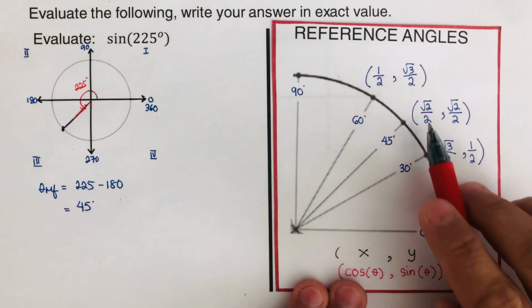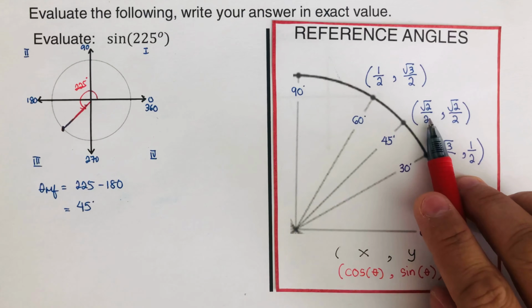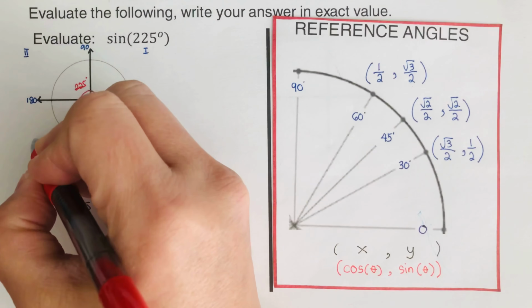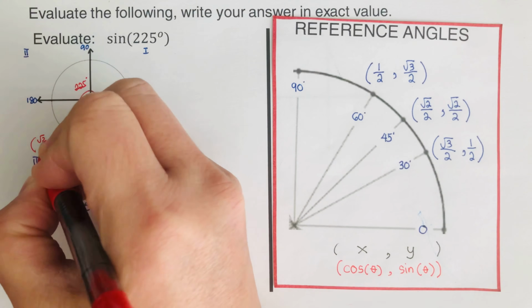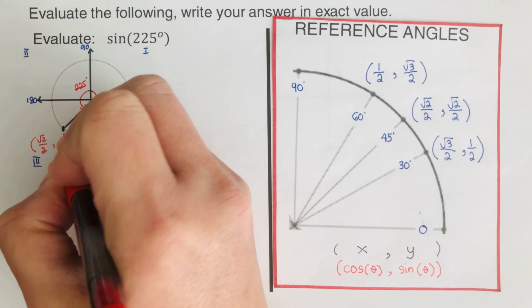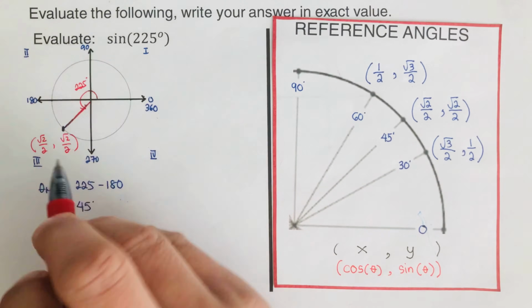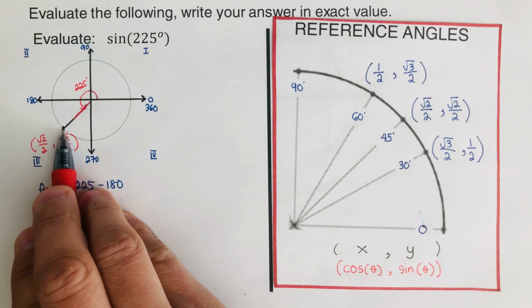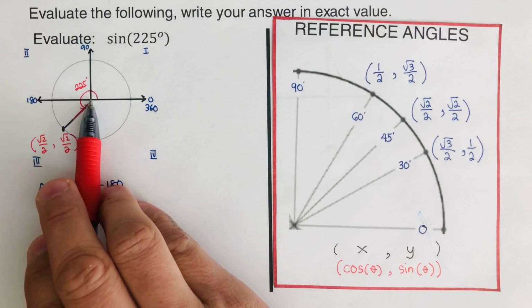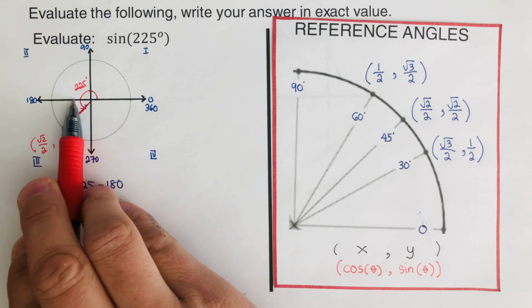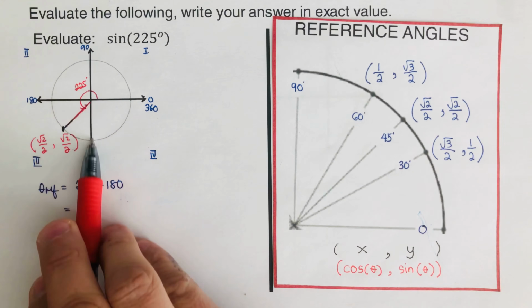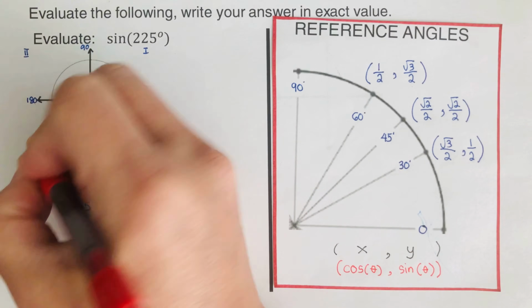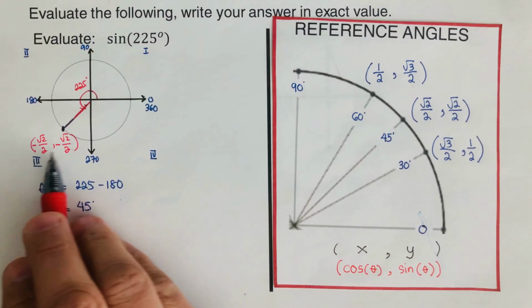At 45 degrees, that is square root of 2 over 2 and square root of 2 over 2. So I can label this as square root of 2 over 2 and square root of 2 over 2. This is the coordinate of this point right here. Now, since this is in the third quadrant, the x is negative and the y is negative. So I can put negatives on both of these x and y values.